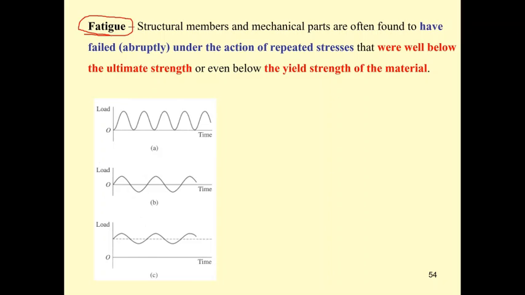What happens is when a structural member or mechanical part is subjected to repeated stress that is less than, for example, sigma sub y, the repeated load creates micro cracks that expand larger and larger, and when they reach some point, the steel will fail abruptly.